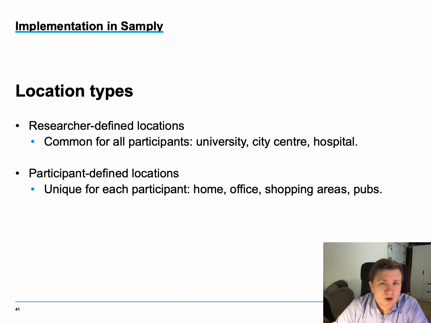First, locations provided by researchers can include areas that are the same for all participants, for example, a university or a city center. Secondly, participant-defined locations are places that are unique to each participant, for example, home or workplace.